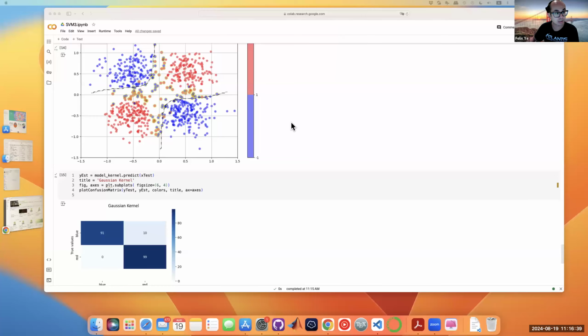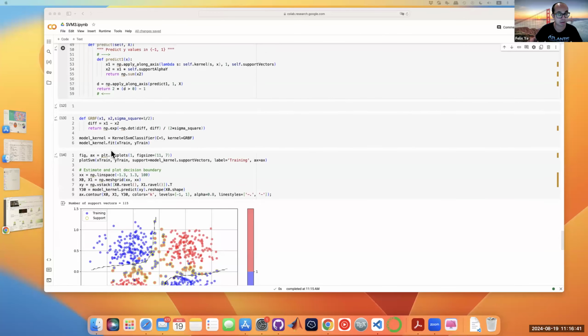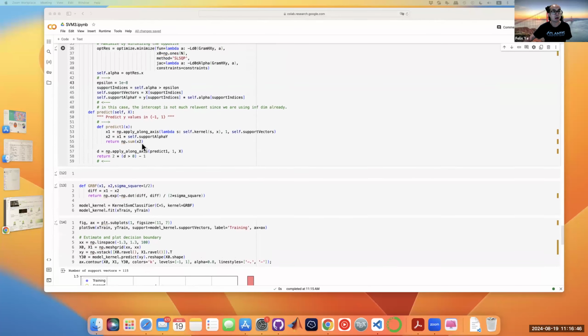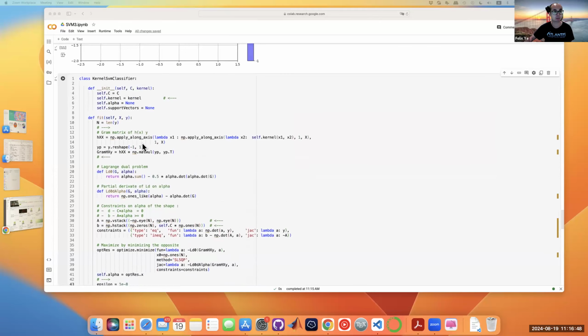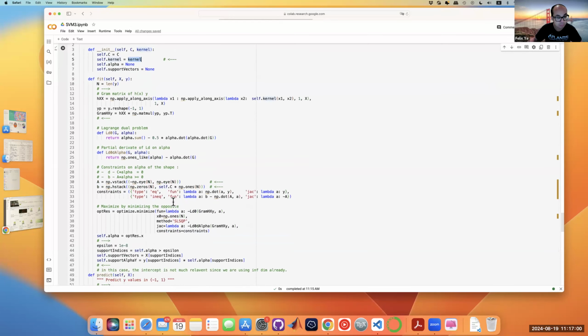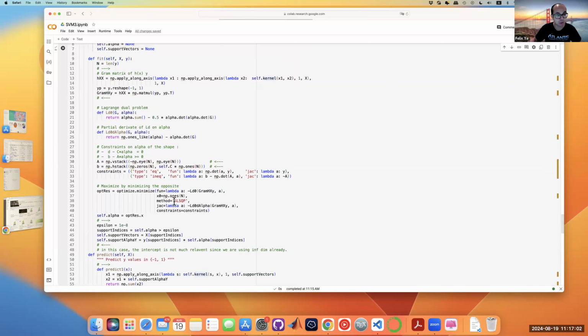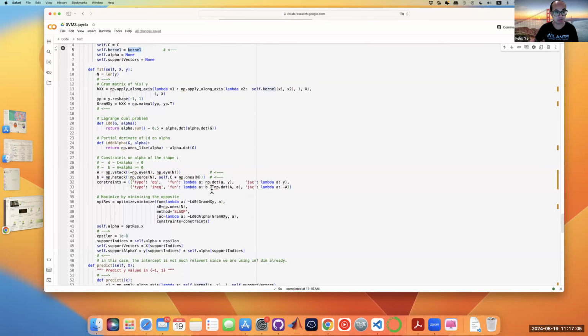It takes a bit of time. In my Colab, it takes about 4 minutes to run the kernel SVM in this situation. The difference here is that you define what kind of kernel function you are using. Everything else is very similar, because that's what we already defined. But the difference is you have these kernels.